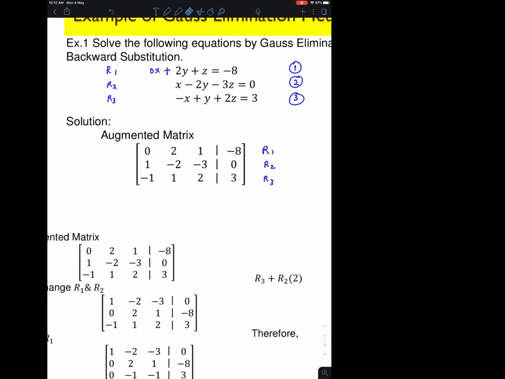Okay. So then you call this row 1, and then row 2, and then row 3. Now all we need to do right now is eliminate, replace all these numbers here with zeros.